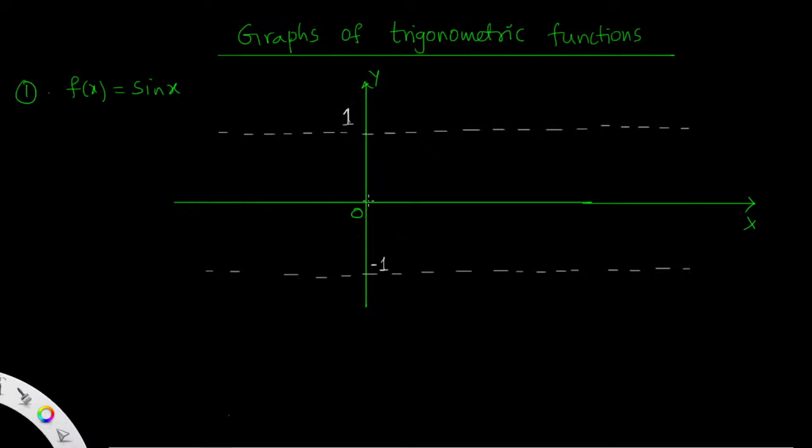So the graph has the points 0, pi by 2, and then take the values as real numbers, 3 pi by 2 and 2 pi.